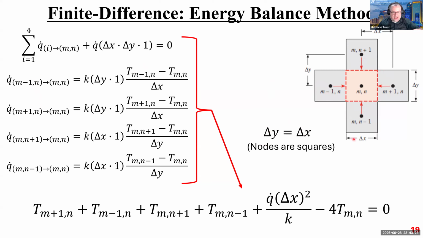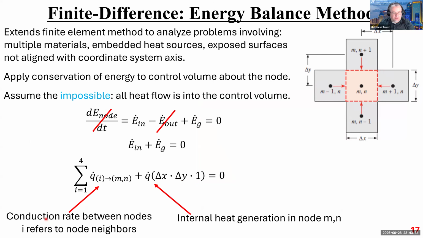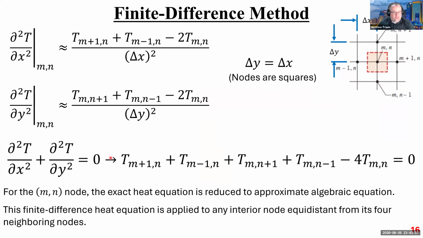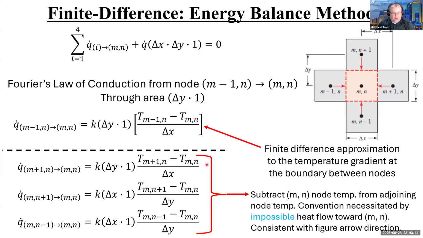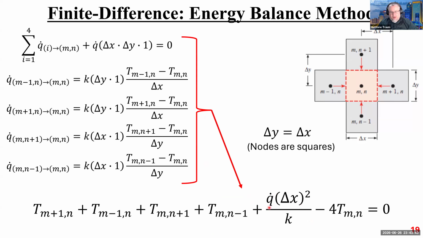So when we put all of these expressions into this equation, we end up with something that looks very similar to my finite difference equation, with the exception of this extra heat flux term. This is the extra term that accounts for the generation, but otherwise it's identical.